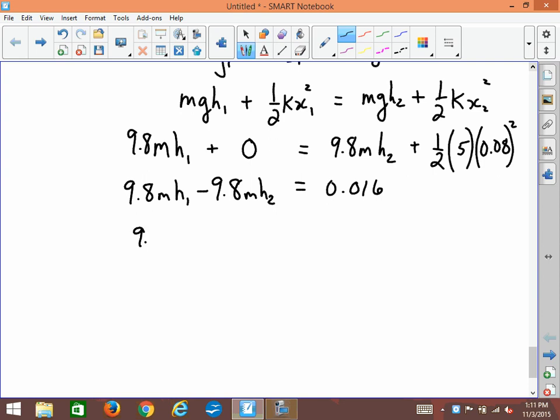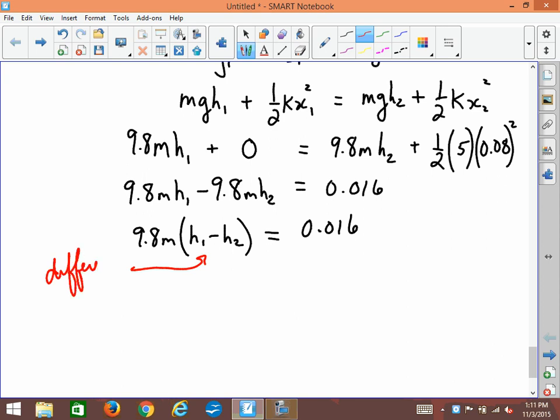Now look over here. We can factor out 9.8m, and we get h1 minus h2, equals 0.016. Well, what does h1 minus h2 mean? It means the difference, right? This means the difference in height. So if you subtract two things, that's the difference. Well, what is the difference in height?